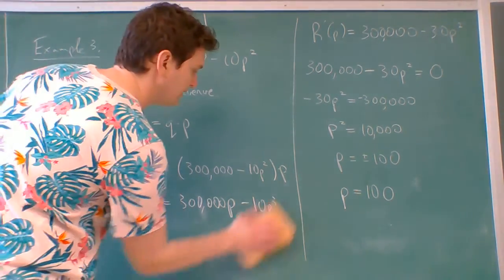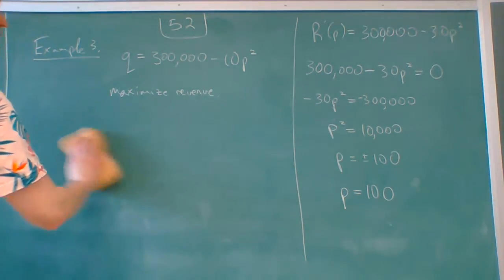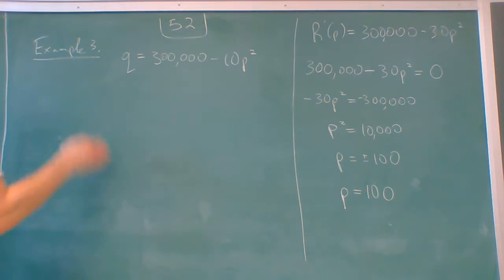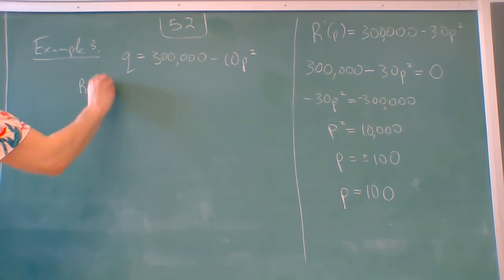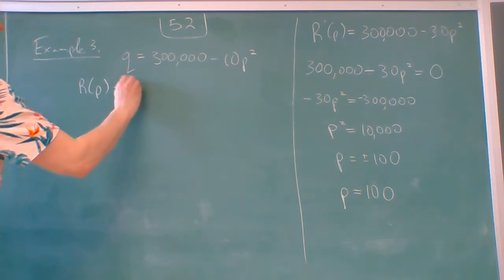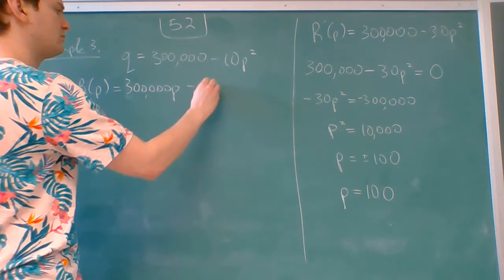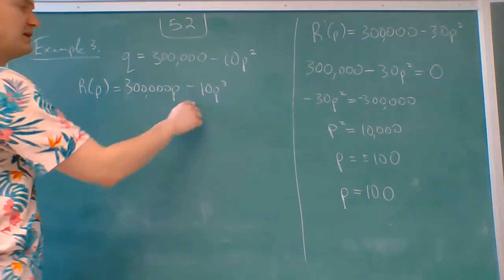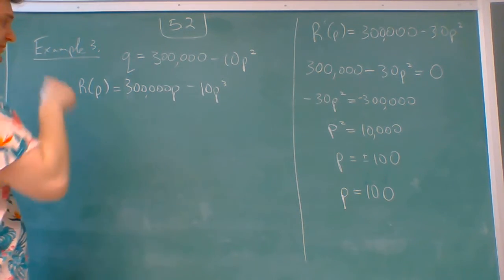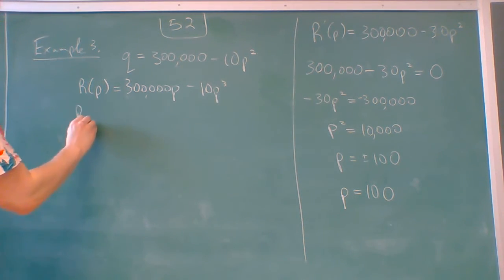Let's plug that into the revenue function, which was R of P is 300,000P minus 10P cubed. This was our revenue function, so plug 100 into that.